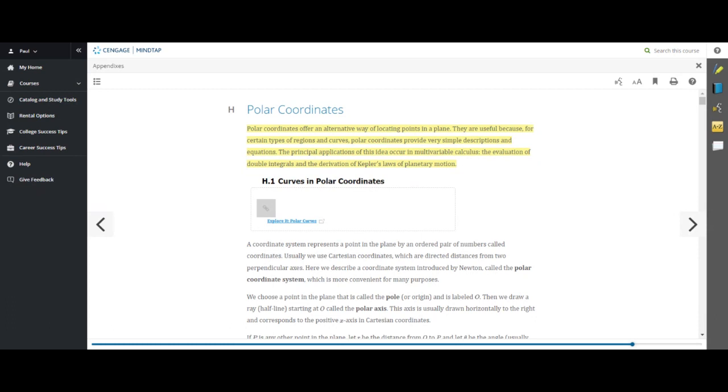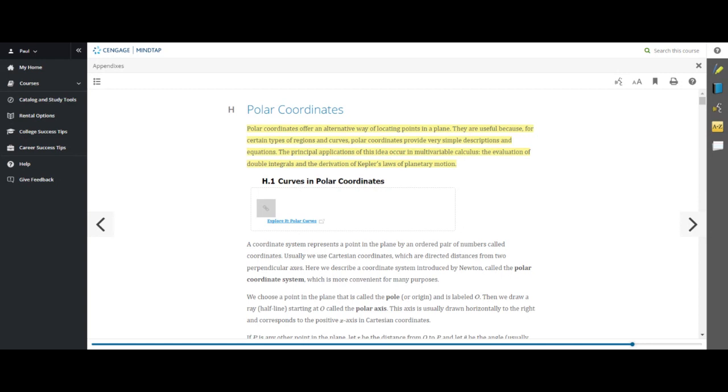The principal application of this idea occurs in multivariable calculus, that's Math 280, which actually I'm teaching in the spring. It can be used for evaluation of what are called double integrals and derivation of Kepler's laws of planetary motion. But let's just stay on point here. Let's look at some examples.